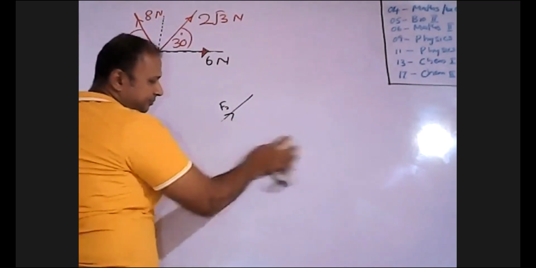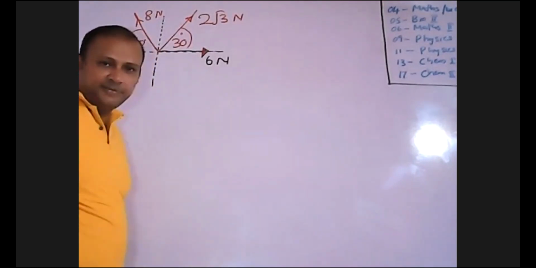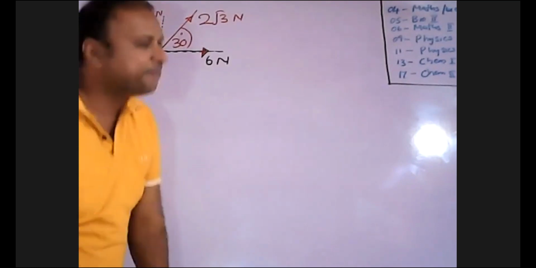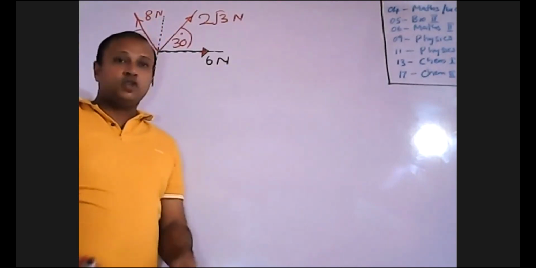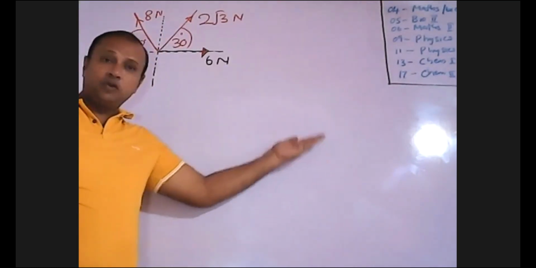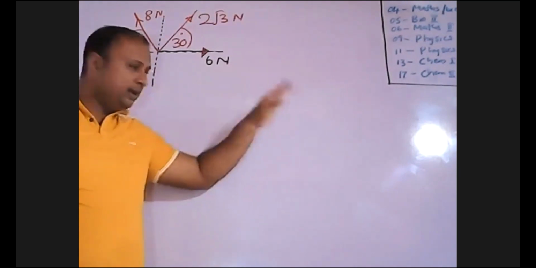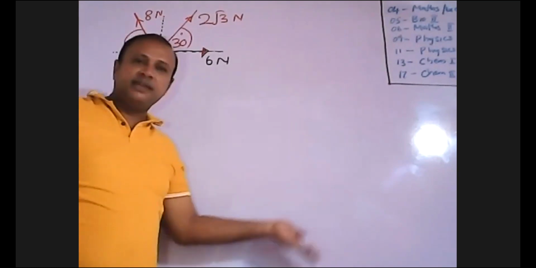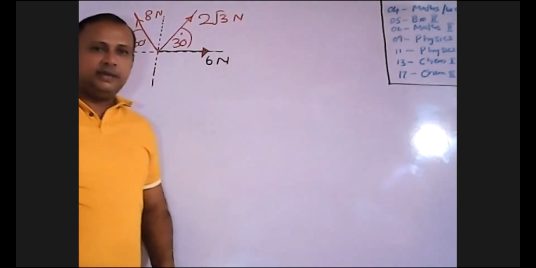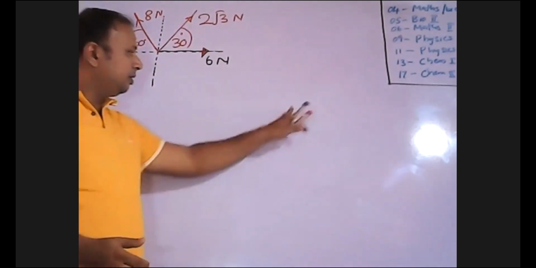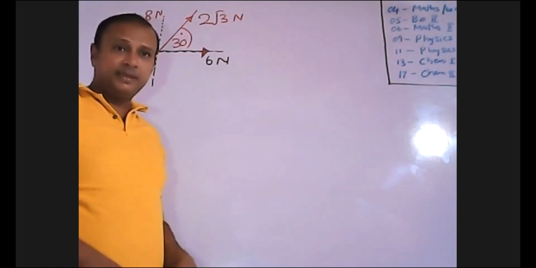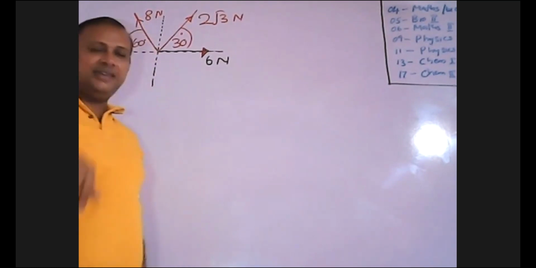So anti-clockwise angles are positive, while clockwise angles are negative. We discussed these things in our trigonometry lessons at the beginning.